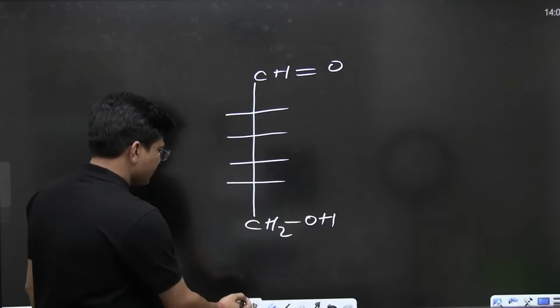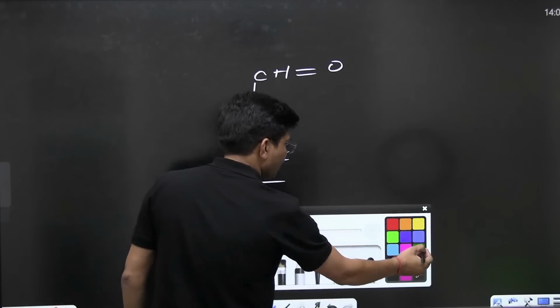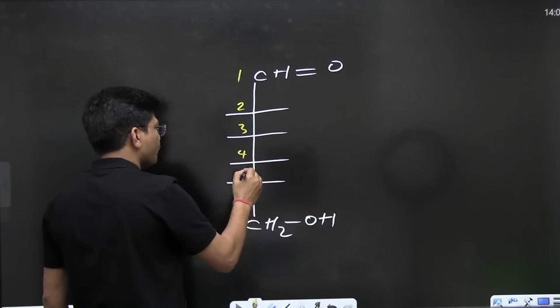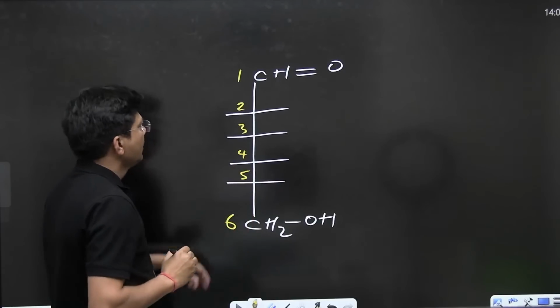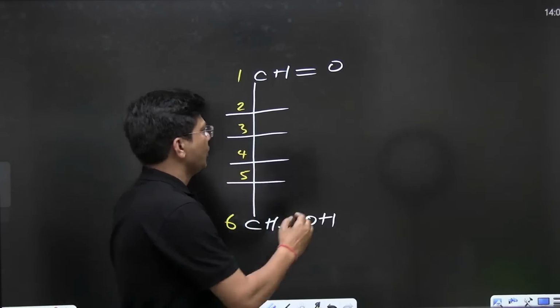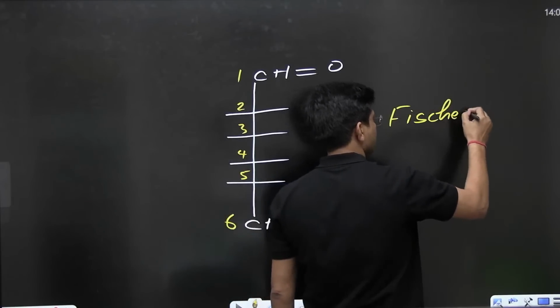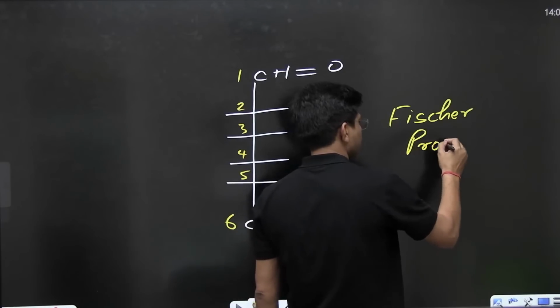My dear students, this is the carbon number 1, and this is 2, 3, 4, 5 and 6. This is the Fischer projection formula.